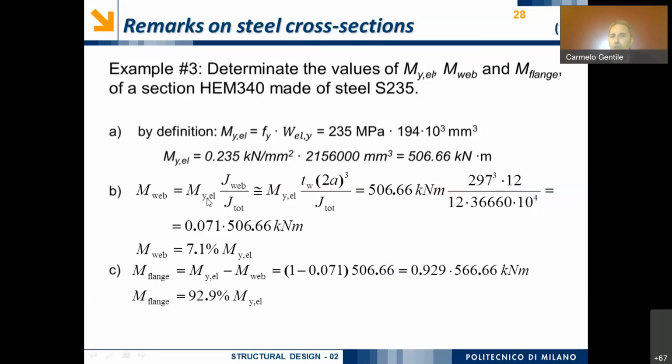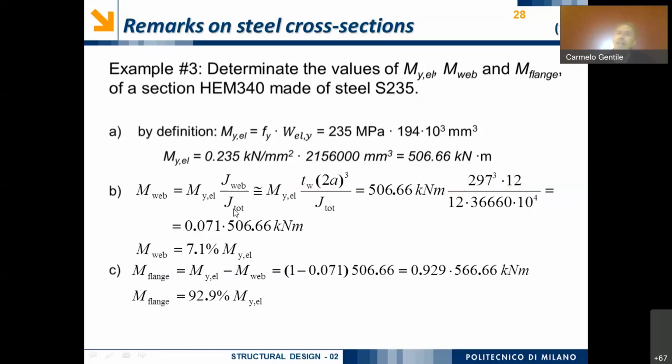In order to obtain this number, I just have to evaluate the inertia moment of the web. The inertia moment of the web is equal to the thickness of the web times the height of the web cubed over 12. The 12 is missing here, but not in the final computation, okay?